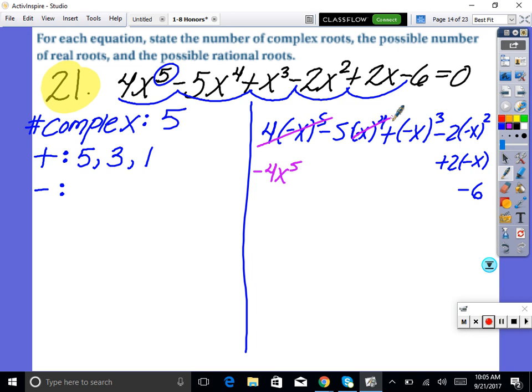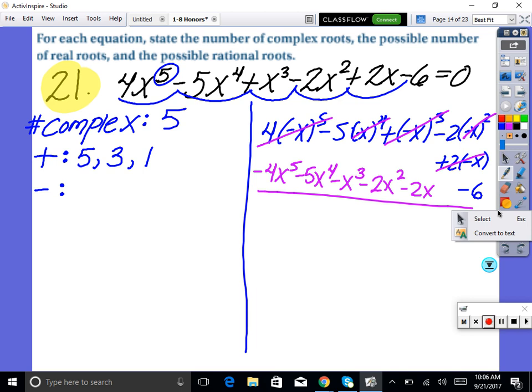Okay, isn't that positive? So it's still negative here. Negative 5x to the 4th. And then that's negative x cubed. Then look, that's still positive, so that's still negative. Negative x squared. That becomes negative. And then we still have minus 6. So I'm just going to, boom, perfect. That worked out, didn't it? Okay, let's see. Negative, negative, negative, negative, negative, negative. Okay, so 0.